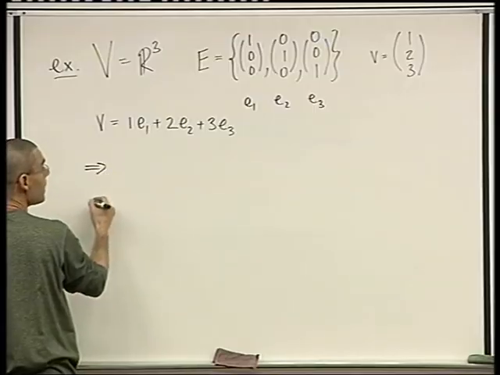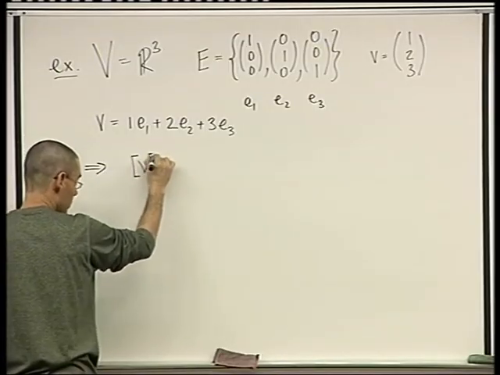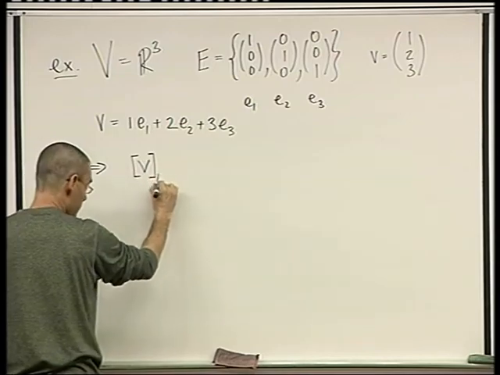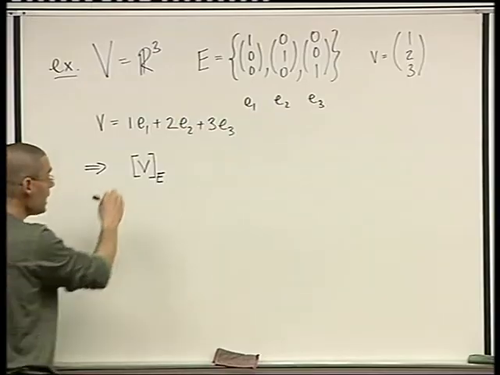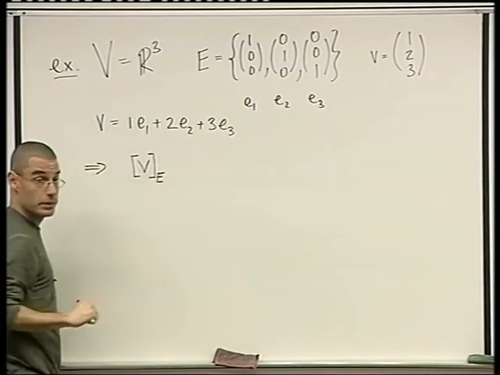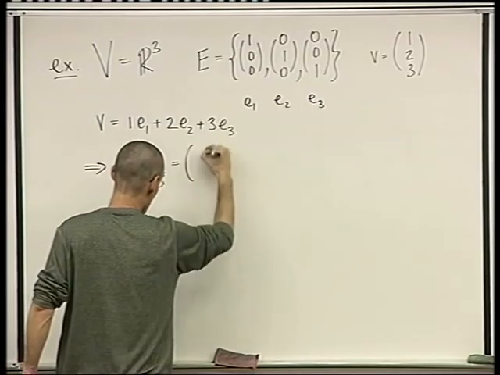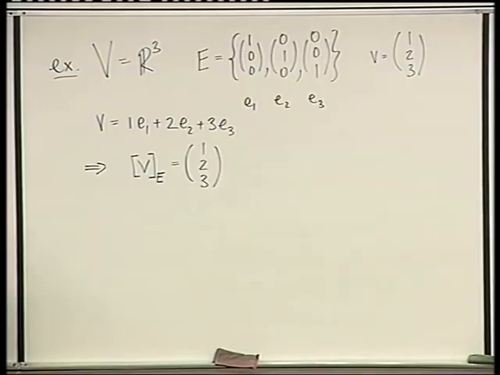So, therefore, the coordinate vector of v with respect to this standard basis E is the alphas, 1, 2, and 3. So it's merely (1, 2, 3). And you're going to say, huh?